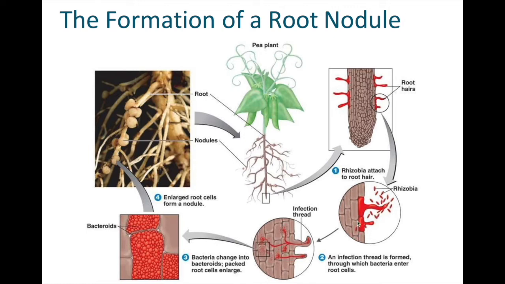And the plant provides rhizobia with a steady source of food, which is sugar, and then the rhizobia provides the plant with nitrogen, or the nitrates, and this symbiotic relationship between them will be very effective for nitrogen fixation.